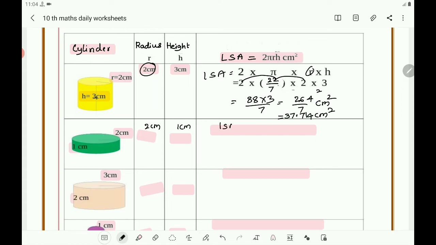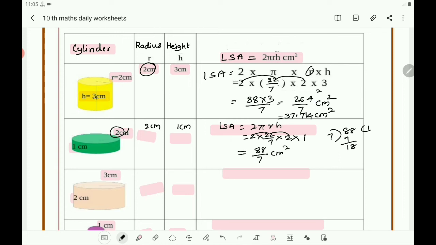for LSA is 2 pi RH, then it is 2 into 22 by 7 into R, the radius 2, into H is 1 cm. Then you can write 2 22s are 44, 44 2s are 88, 88 by 7 cm square. If you divide 88 by 7, you will get 7 1s are 7, 1.